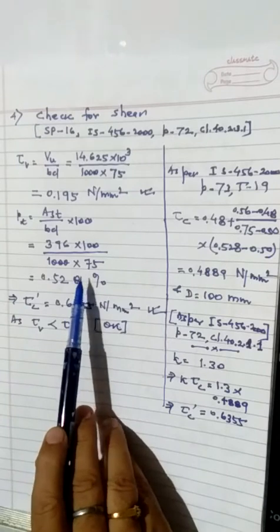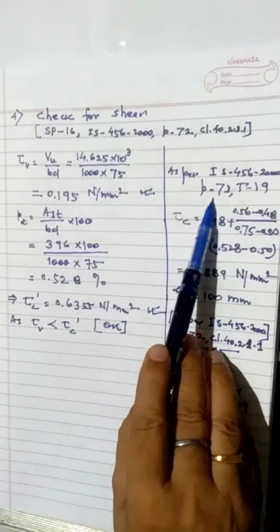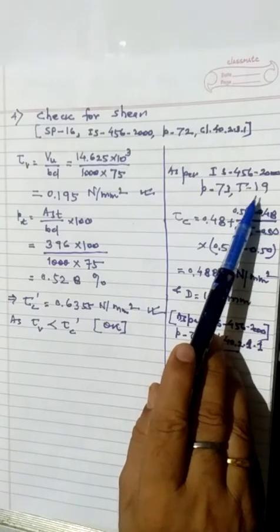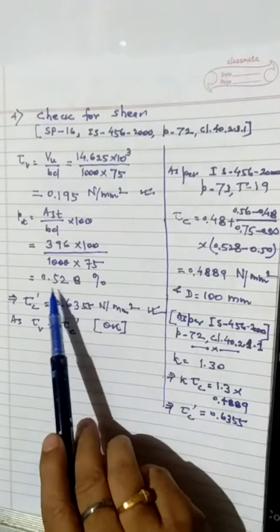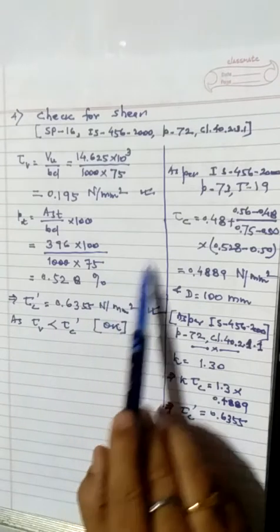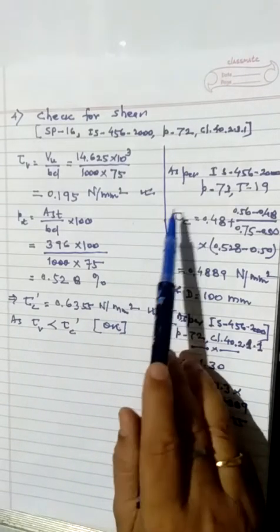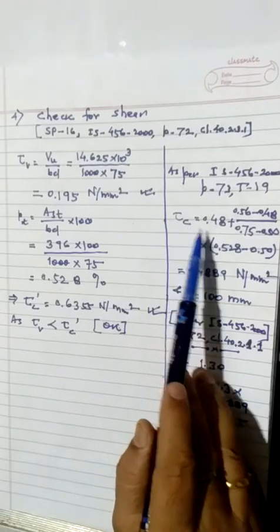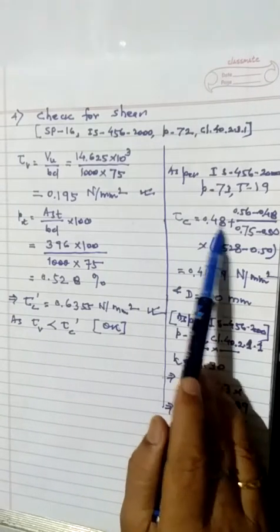Now as per IS-456-2000 page number 73, table number 19, for this percentage 0.528, we can calculate the shear stress in concrete, the permissible shear stress in concrete. So for this percentage we have to interpolate.